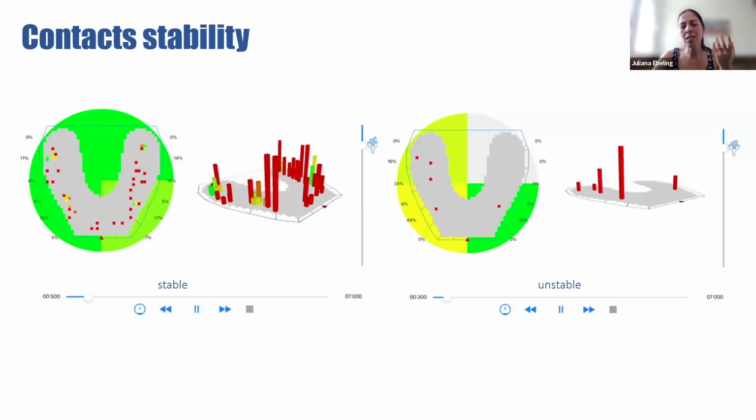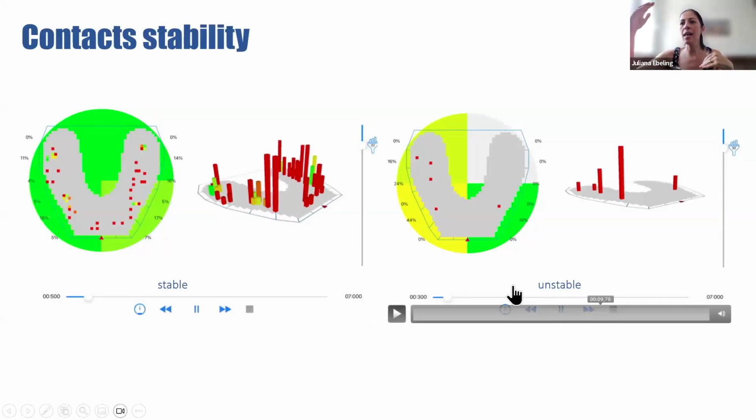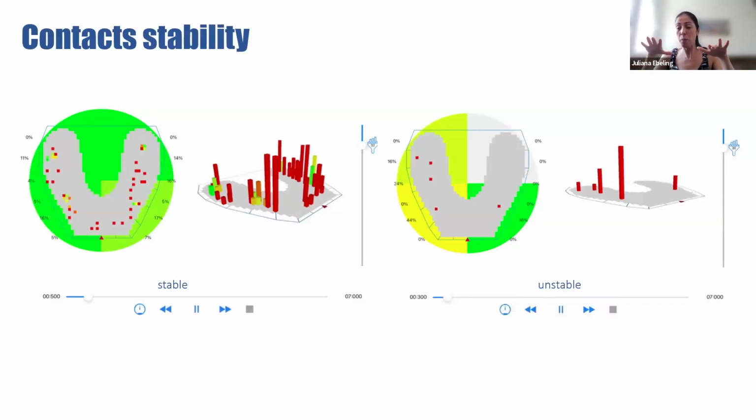And then what happens is that I register the contacts with OccluSense, and I register again, and I have a completely different graphic. What this difference is telling you is that this occlusion is unstable.